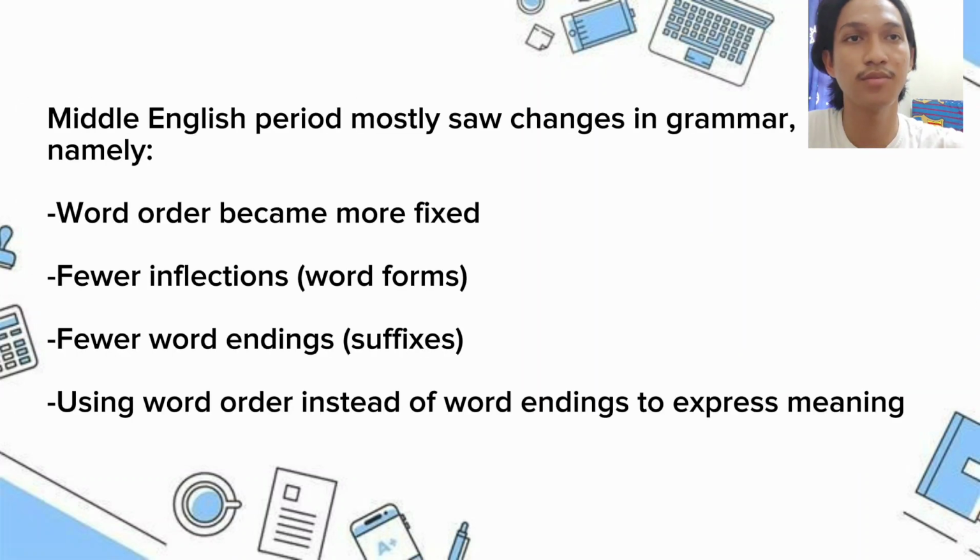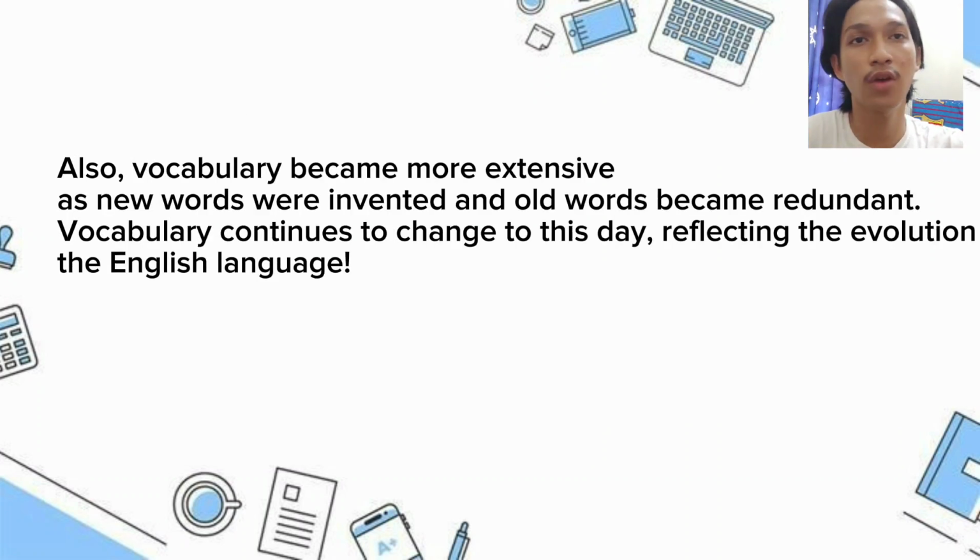Middle English period mostly saw change in grammar, namely, word order became more fixed, fewer inflections, fewer word endings, using word order instead of word endings to express meaning. Also, vocabulary became more extensive as new words were invented and old words become redundant.